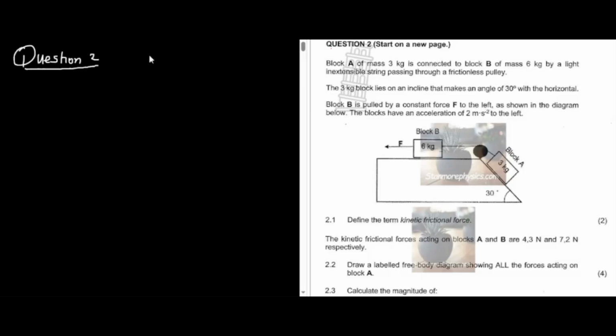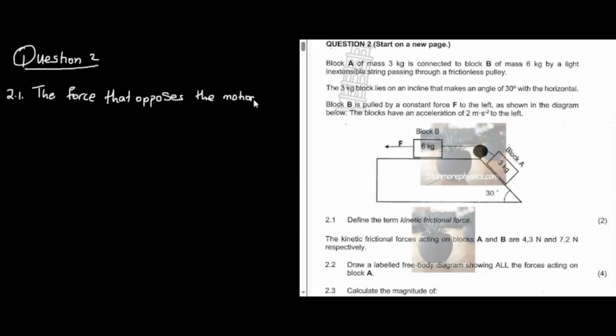And the first question, which is 2.1, they want you to define the term kinetic friction. So the kinetic frictional force is the force that opposes the motion of an object. Okay, so this is the force that opposes the motion of an object.